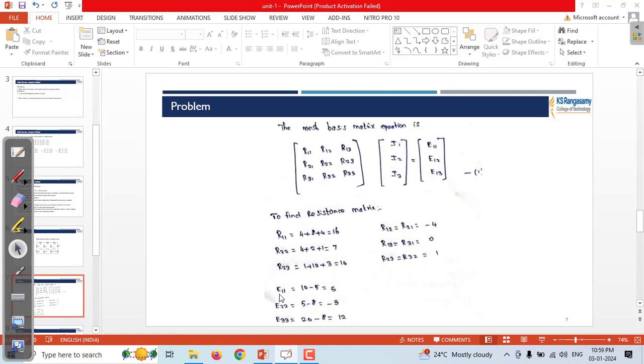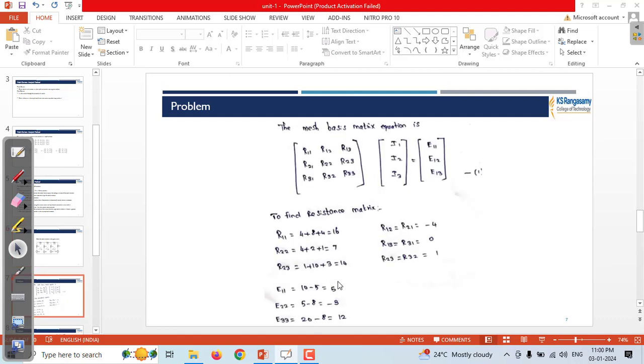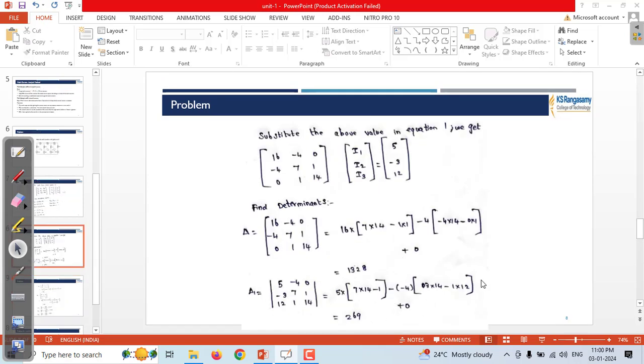Now the voltage sources. We have two voltage sources in each loop: in loop 1, 10 minus 5; in loop 2, 5 minus 8; in loop 3, 20 minus 8. Next, we substitute all those values in the matrix equation and find the determinant, the del value.